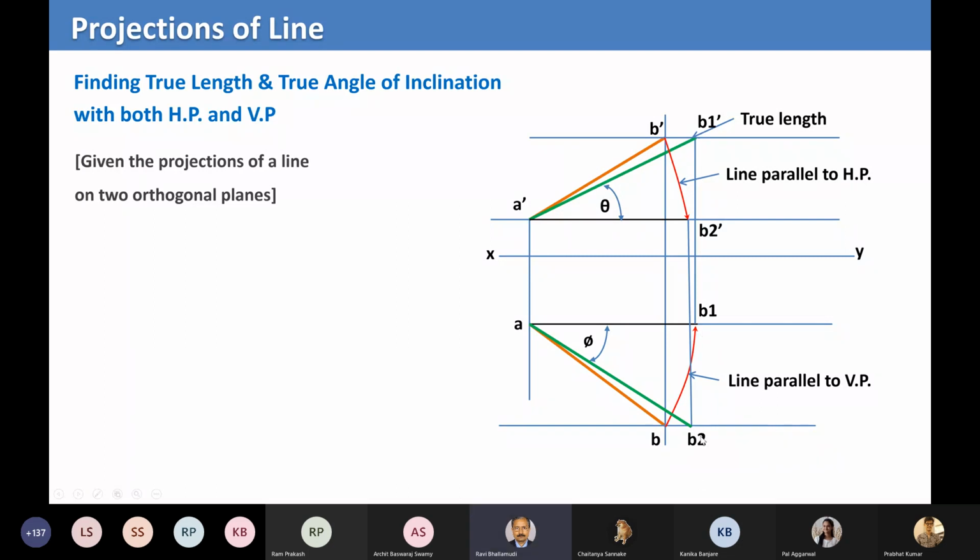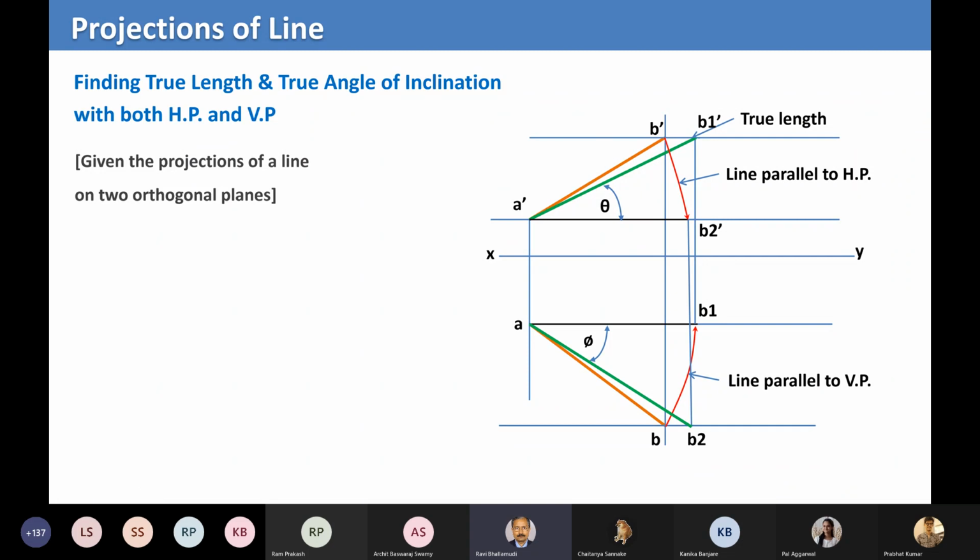Similarly, on the other side, you take the line AB, small a, small b, and use the compass to go parallel to the vertical plane. This is my top view. From there, I come to the projector of the parallel to horizontal plane, and that intersection gives me my B1 dash.